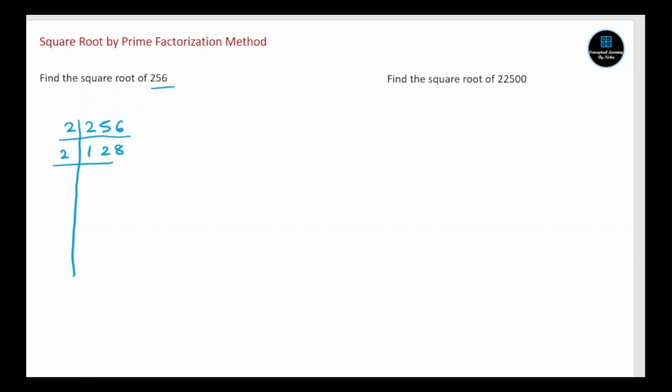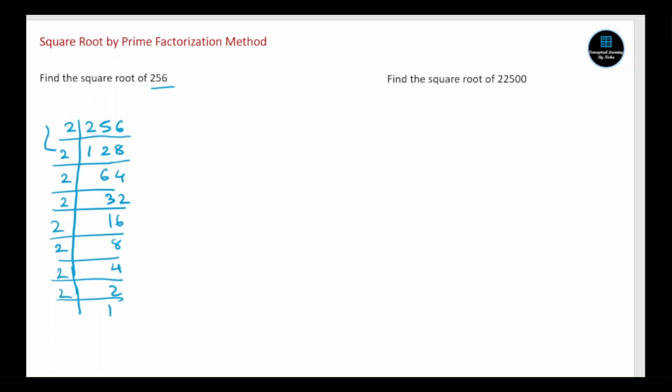Again I can divide by 2, and I'll keep doing this until I get 1 as the final factor. So I get 64, then 32, then 16, and so on. Now I have found the prime factors.